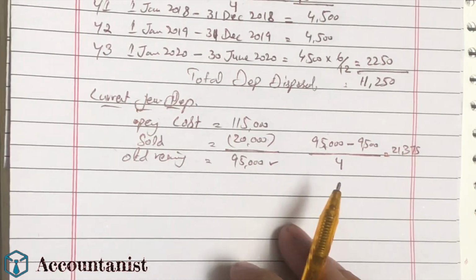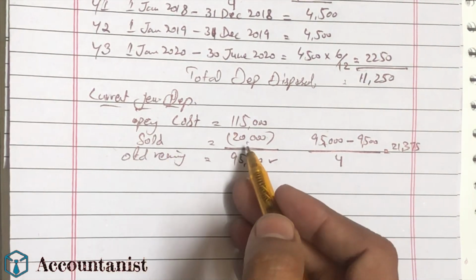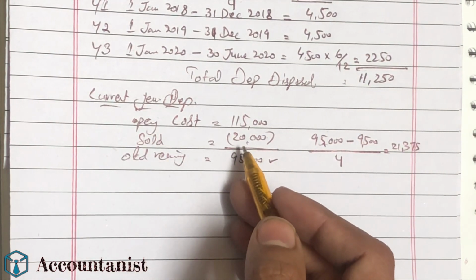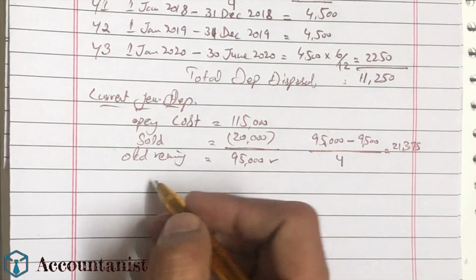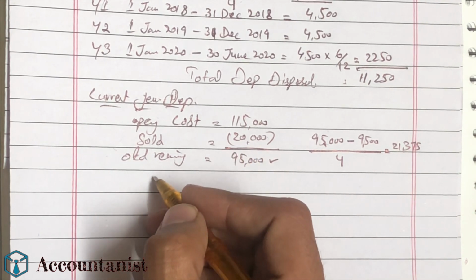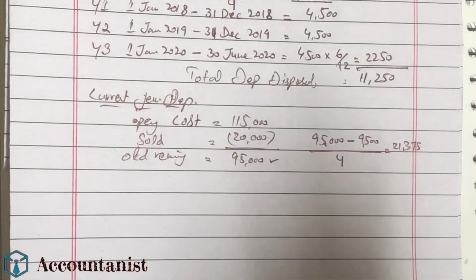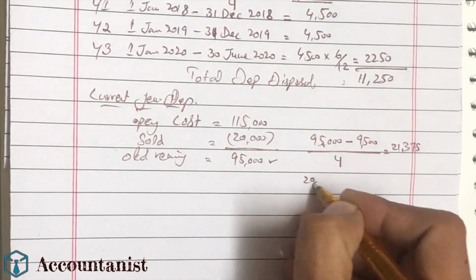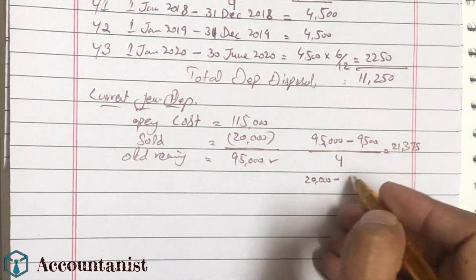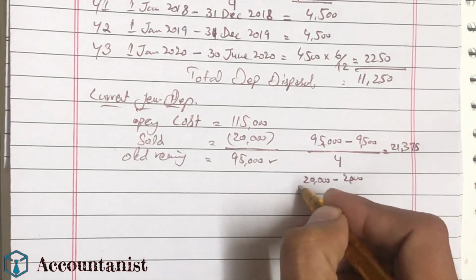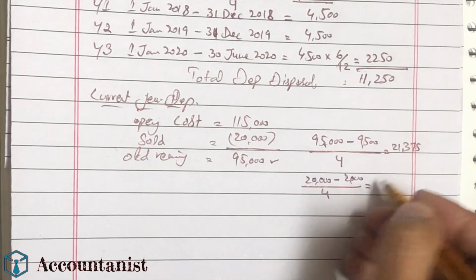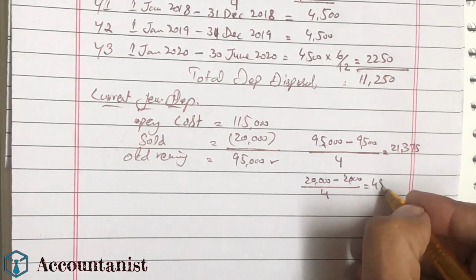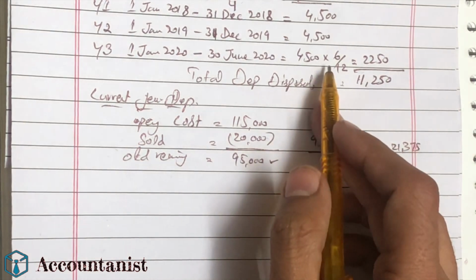Now, one by one, this sold asset, I have used for 6 months. So I will calculate the depreciation for 6 months. 20,000 was the cost less 2,000 divided by 4, which gives me 4,500 as I have calculated here on top.